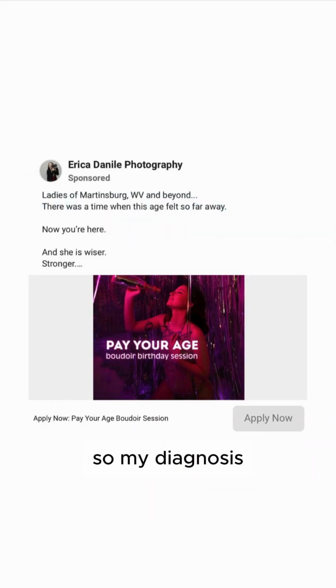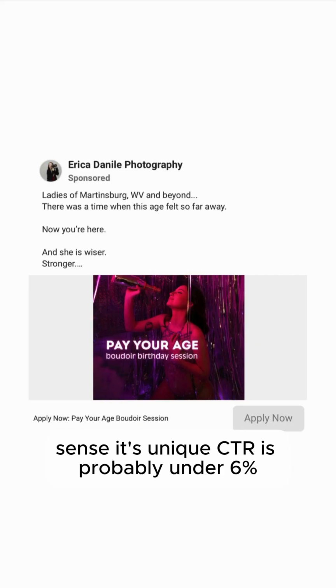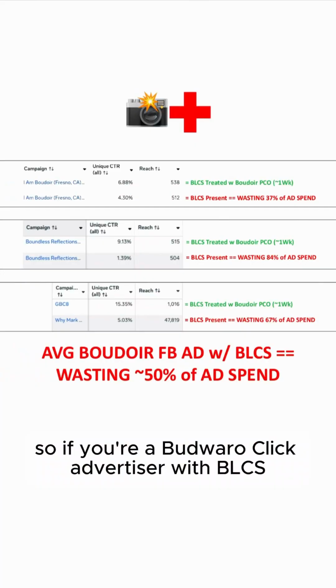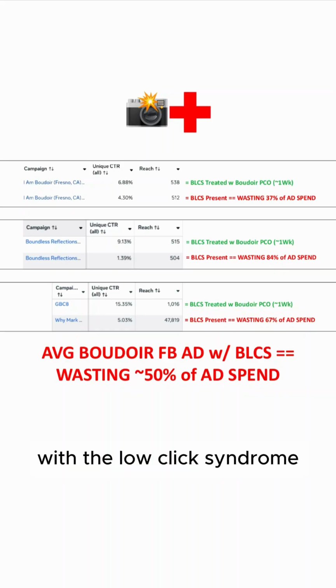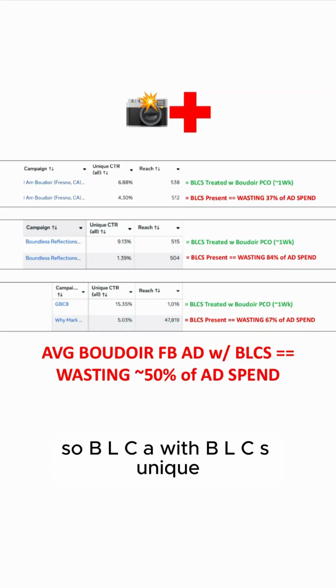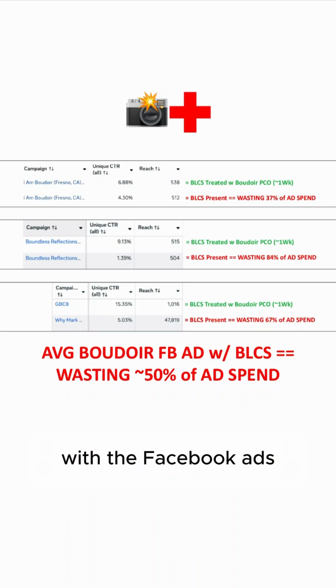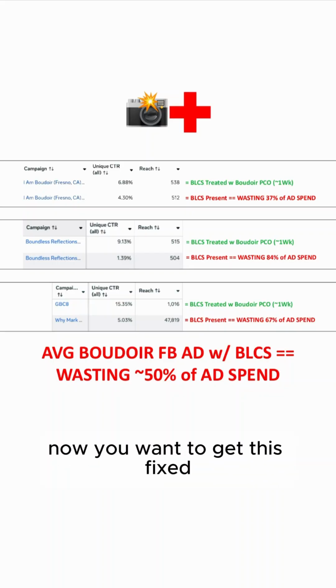All right, so my diagnosis. Yes, I believe this Boudoir Facebook ad has BLCS, aka Boudoir low click syndrome, since its unique CTR is probably under 6%. So if you're a Boudoir low click advertiser with BLCS, your unique CTR is under 6%, and you're spending more than 10 grand a month on Boudoir Facebook ads, and you've decided, okay, now you want to get this fixed.